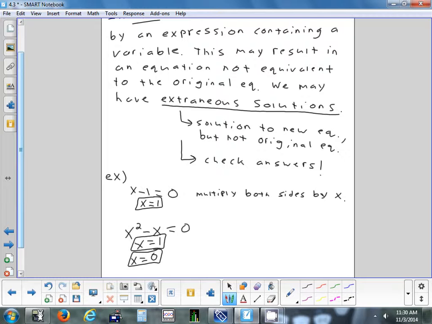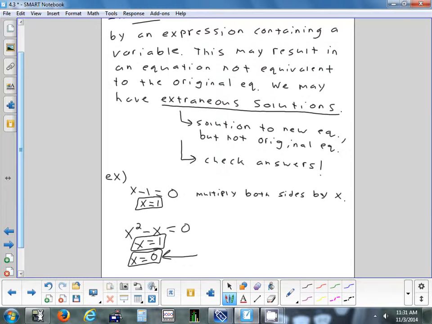But 0 is not an answer to the original. This is called an extraneous solution. So anytime you multiply both sides of an equation by a variable, check and make sure that your answers work back in the original problem.